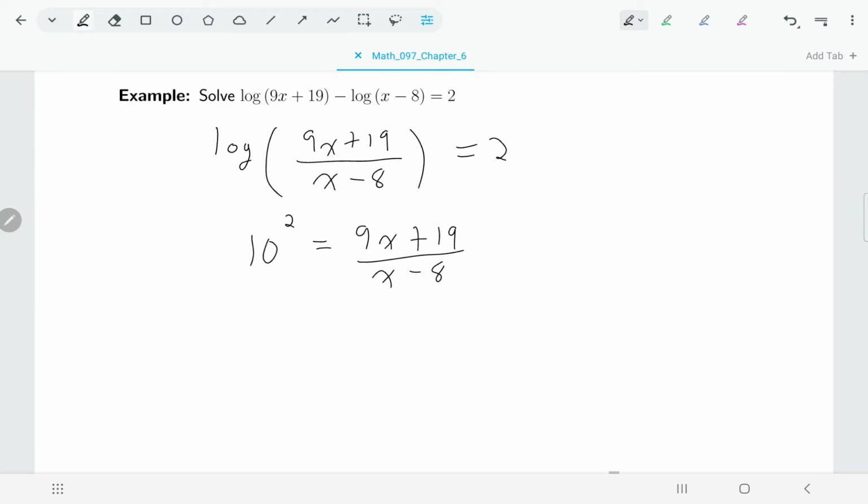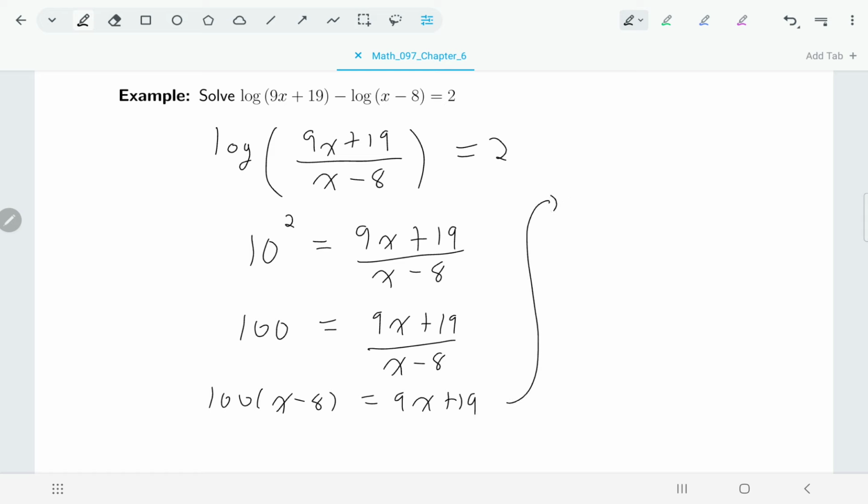And now I just need to continue solving. So I'm going to square the 10. I'll bring up the x minus 8. And I'll have 100x minus 800 equals 9x plus 19.